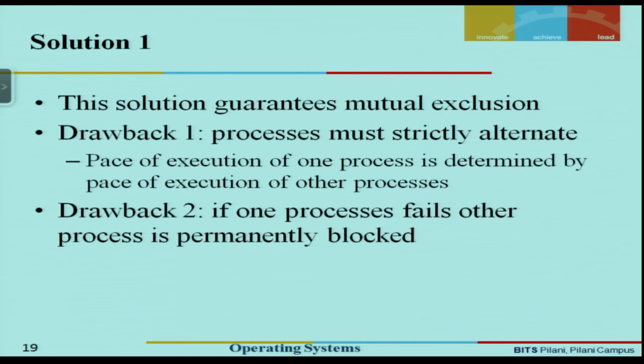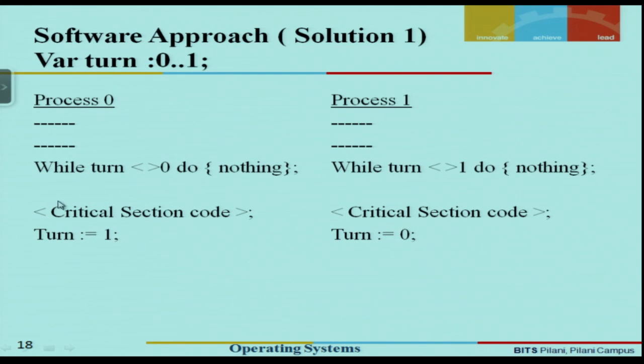We can also see that if the process executing fails inside the critical section before changing the turn, so if process 0 was executing and it failed inside the critical section, it was not able to mark turn equals 1. As a consequence, process 1 would never be able to access the critical section. So these are the two major drawbacks.